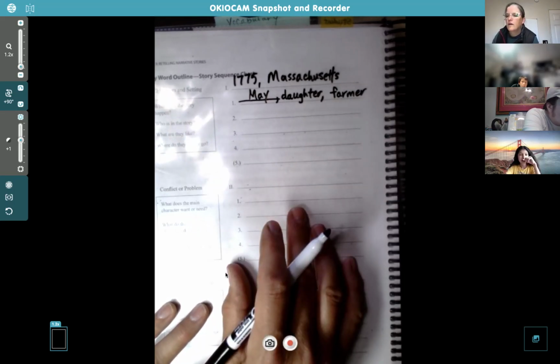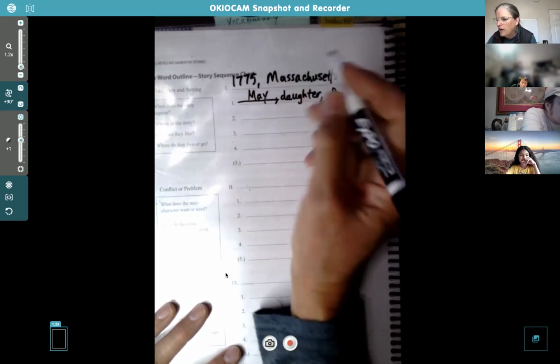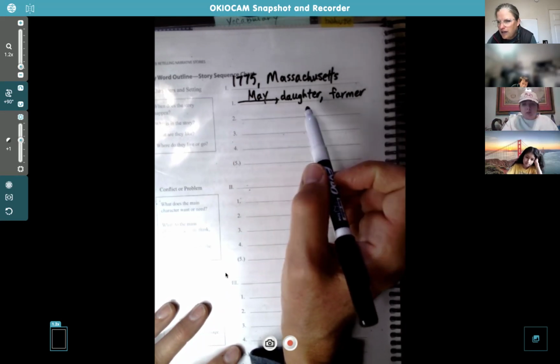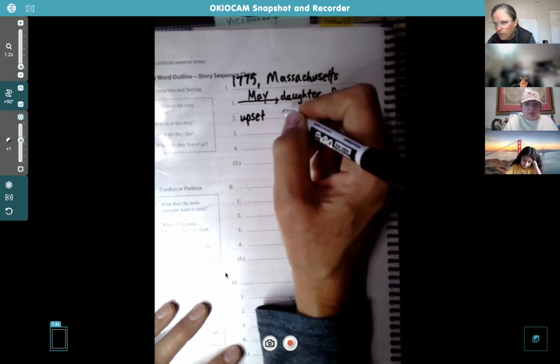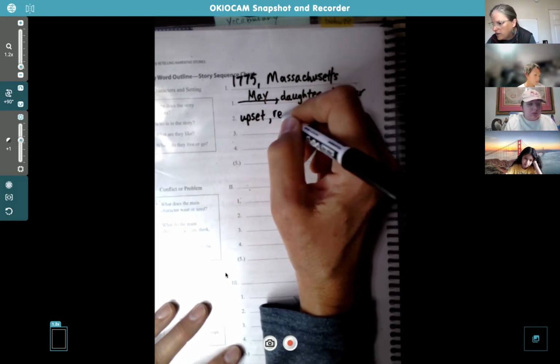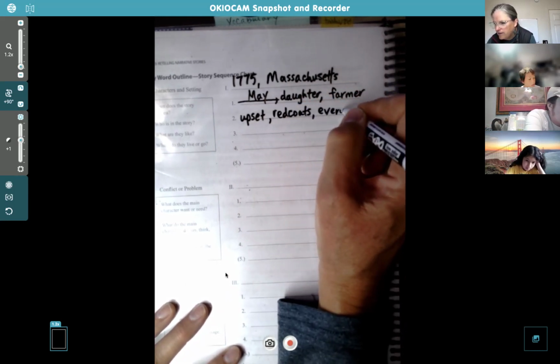He said something like those blasted Minutemen. Regulars. Yes, regulars, which is the redcoats, right? They're everywhere, right? So for you, Harmony, it could be her dad is upset or the daughter's upset. You're gonna have to figure out how you're gonna incorporate that. But I'm gonna put upset and then redcoats and then everywhere.